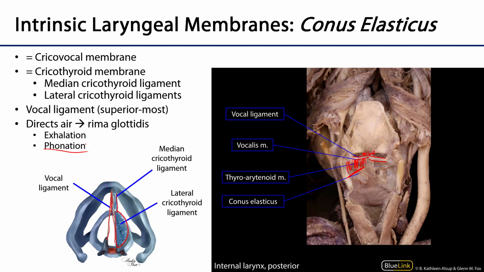That's what the conus elasticus is going to do. The conus elasticus goes by several other names. Sometimes you'll hear it referred to as the cricovocal membrane, or even just the cricothyroid membrane, but more often than not, as anatomists, we refer to this as the conus elasticus.